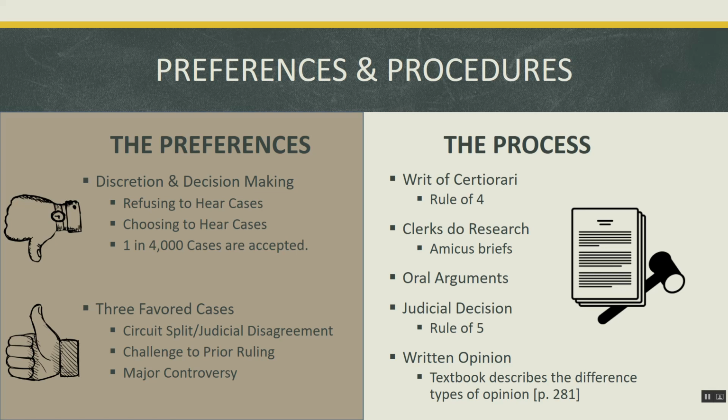But if you do somehow convince them to issue a writ of certiorari, the next step in the process is for the clerks to do research. A clerk, if you don't know, is basically a legal secretary. Each justice on the Supreme Court has his or her own staff of clerks. Some of them have lots, some of them have very few, but these clerks do the grunt work. They do the paperwork. They're the ones who do the actual legal research during this second step in the process.